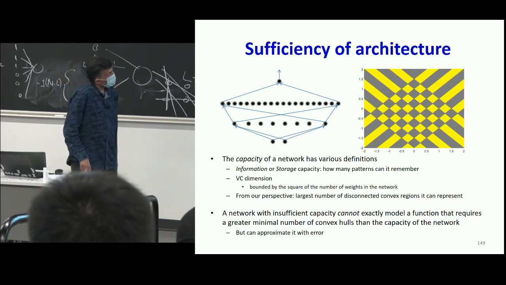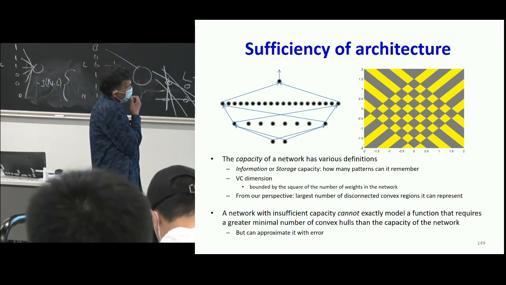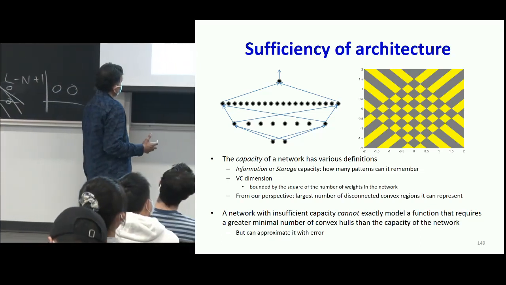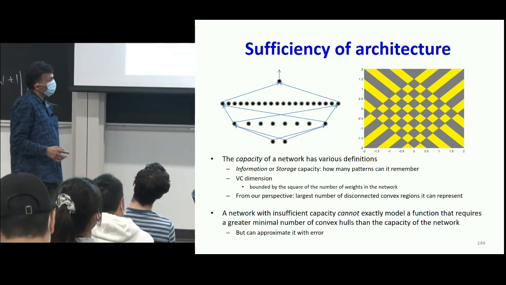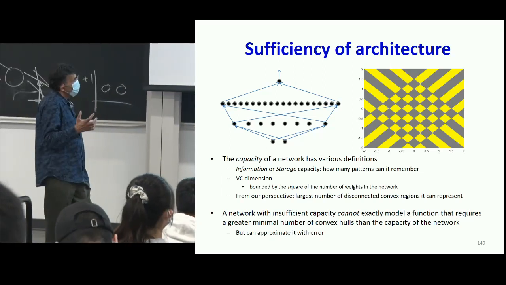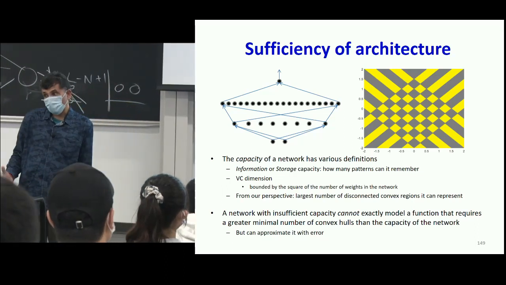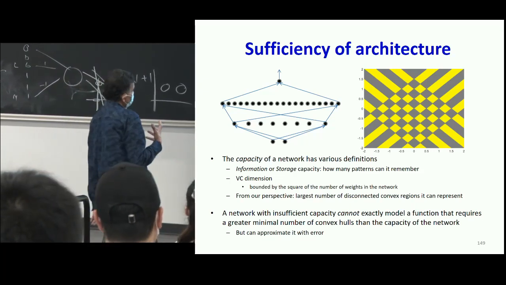So there's the whole concept of the capacity of a network. What can it model? And it has various definitions. We have something like information and storage capacity, how many patterns it can remember, and VC dimension, which is bounded by the square of the number of weights in the network. From our perspective, the capacity of a network is the number of disconnected convex regions it can model. That gives us more of an intuition.